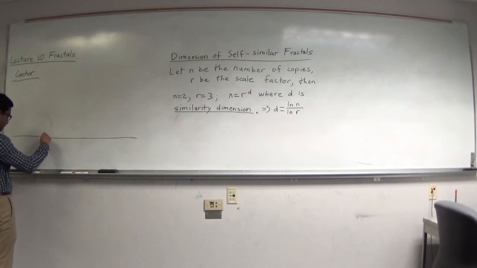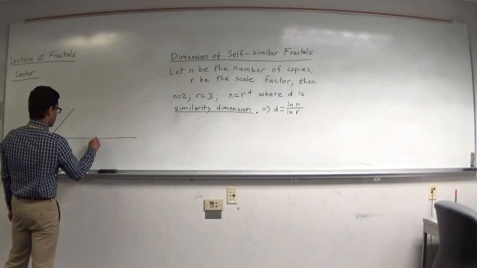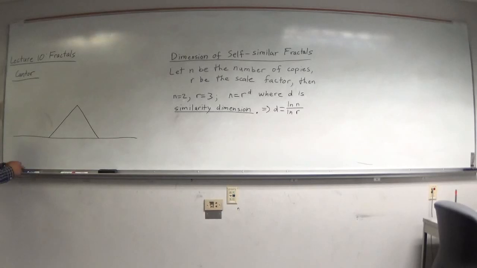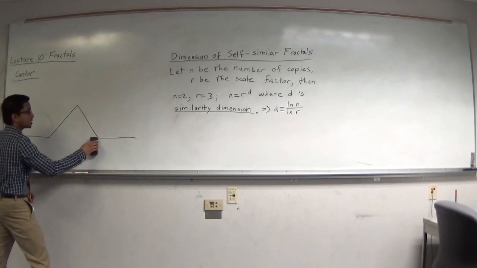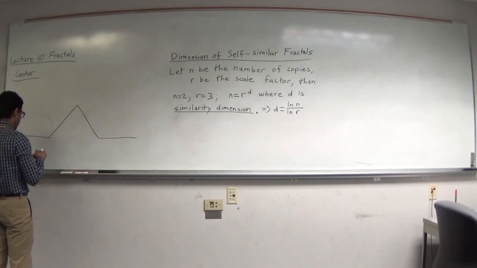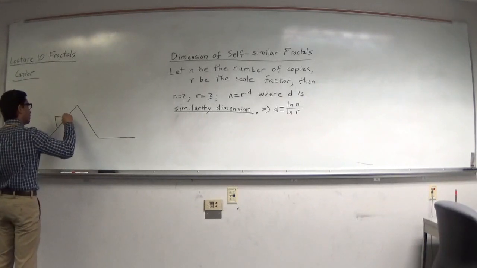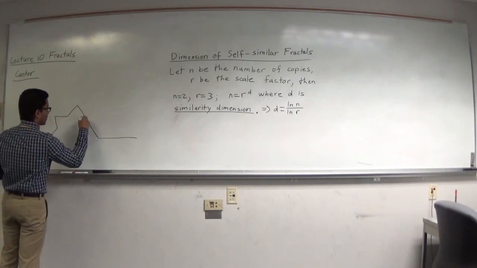It's kind of like the Cantor set, except we draw a triangle on it. So it's like the Cantor set where we erase that middle section, but then we add a triangle. Then we do the same sort of thing: we erase that, and we have something like this.